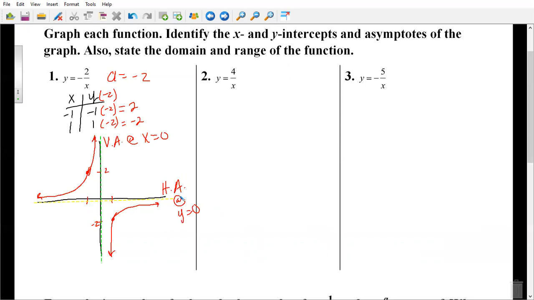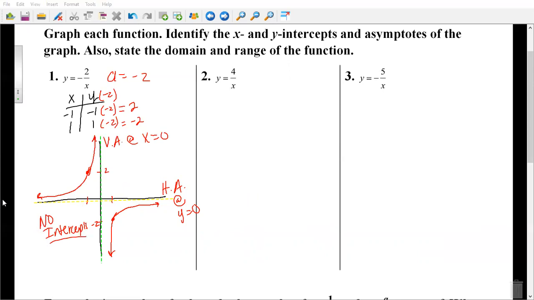And because I have these asymptotes at 0, do I have intercepts? I can't have any intercepts, right? Because if I can't cross or touch the x and y axis, then there are no intercepts. So I have no intercepts.